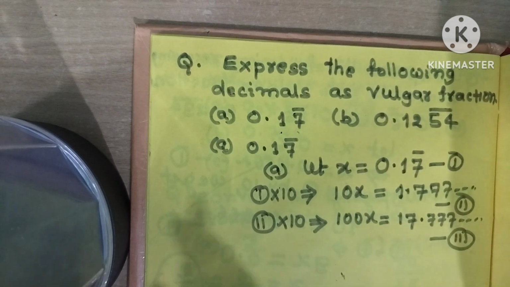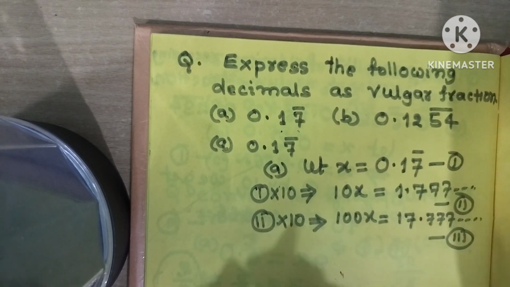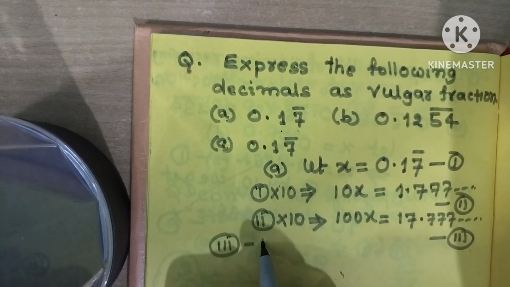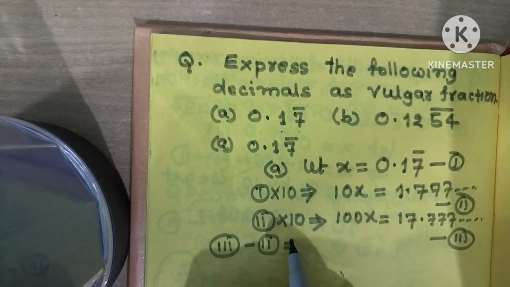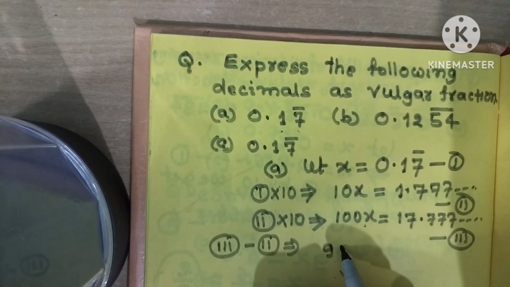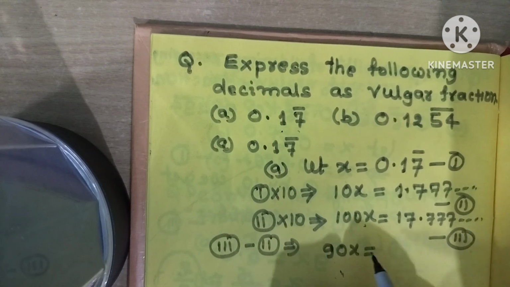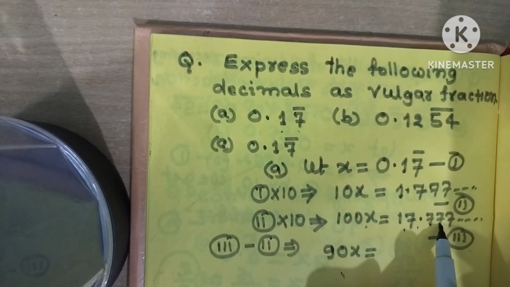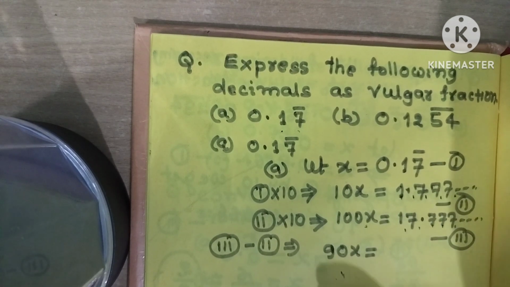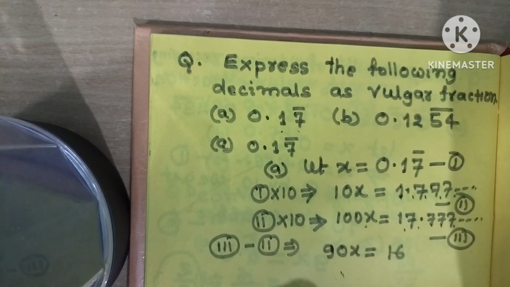Third minus second implies 100x minus 10x, that is 90x. 17.777 minus 1.777, that is 16.